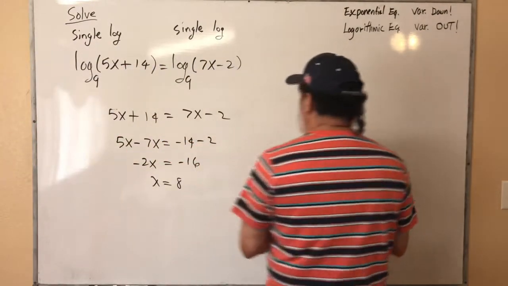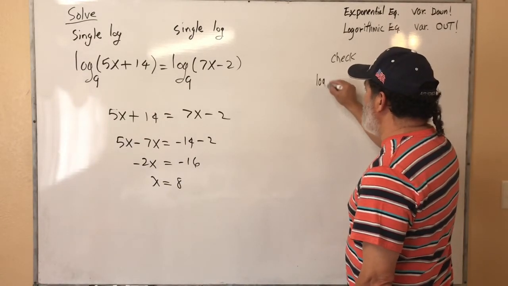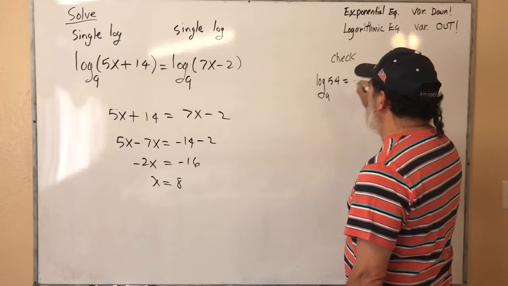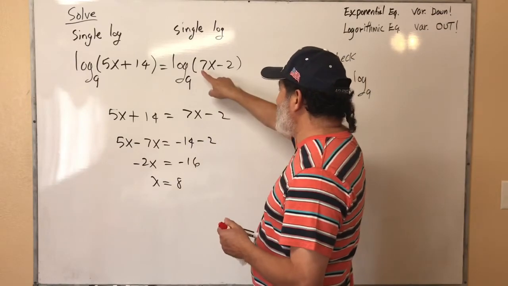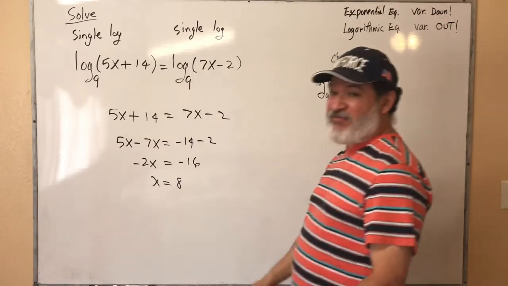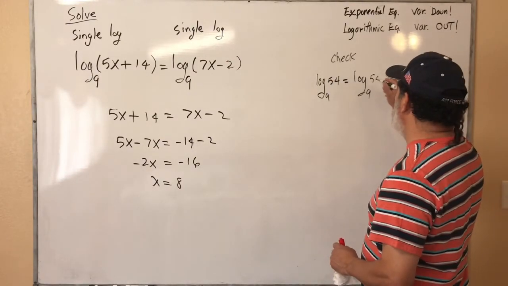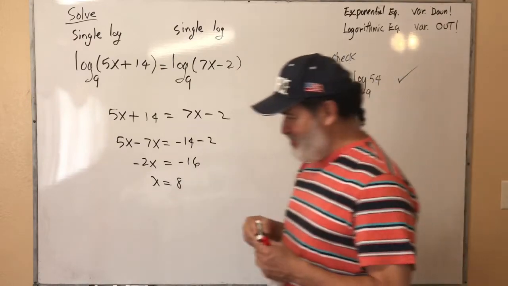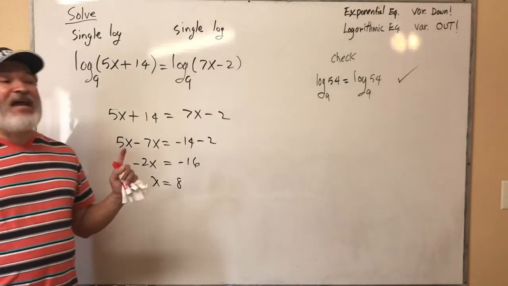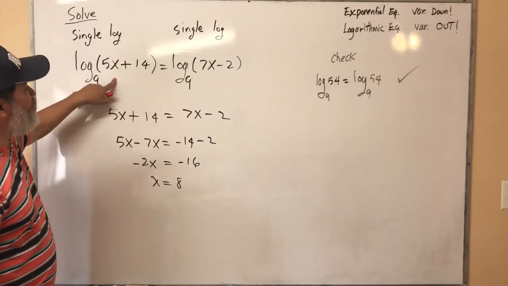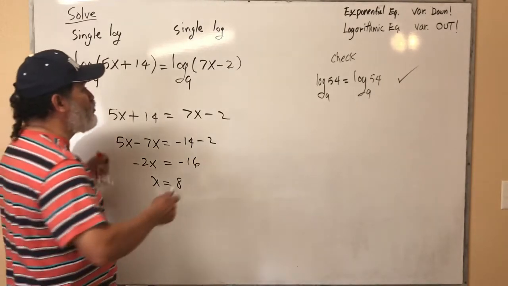So on the left hand side, log base 9 of 54 equals log base 9 of, what's 7 times 8? 56 minus 2, 54. Yes. So it's not extraneous. It's not basura. The solution to this is x equals 8.